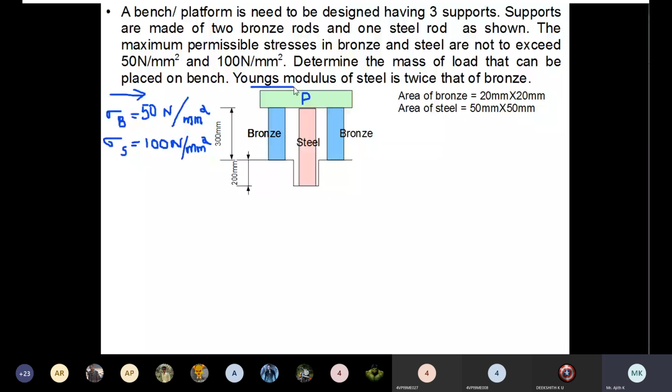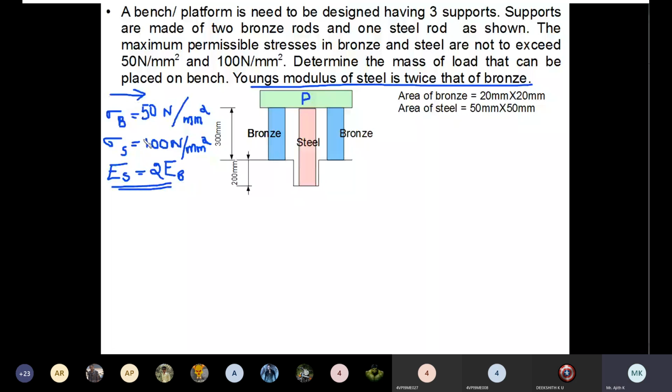And here in the end, one more sentence is given. Young's modulus of steel is twice that of Young's modulus of bronze. Actually, from this definition itself, it's understood that steel is capable of withstanding 2 times more stress compared to bronze.